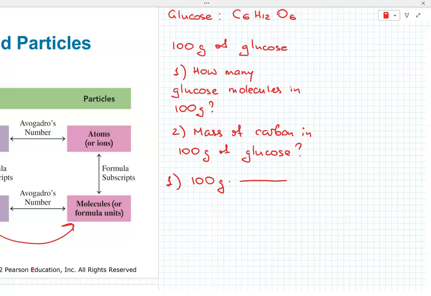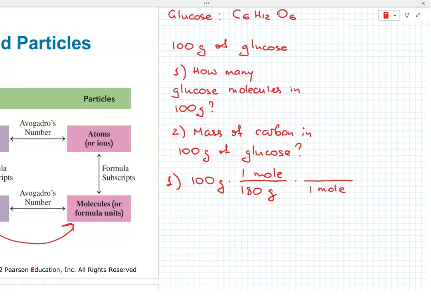Grams where? And what should I put as the second conversion factor? Now, where should mole go?